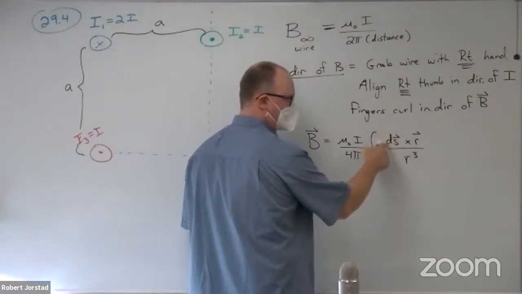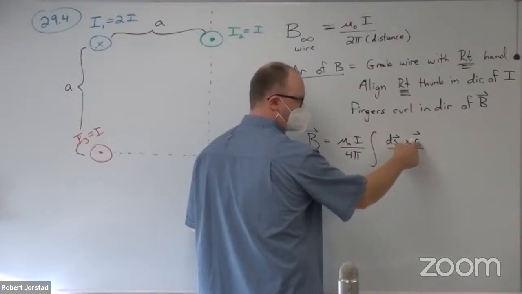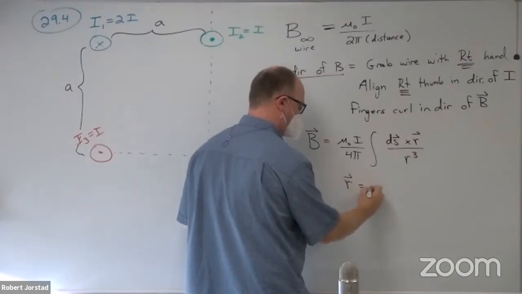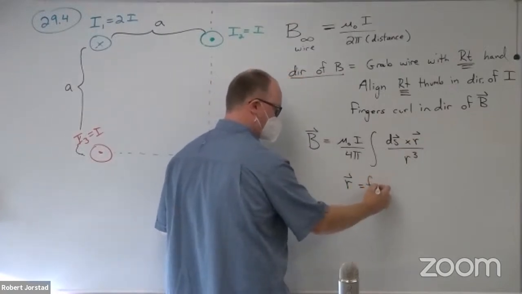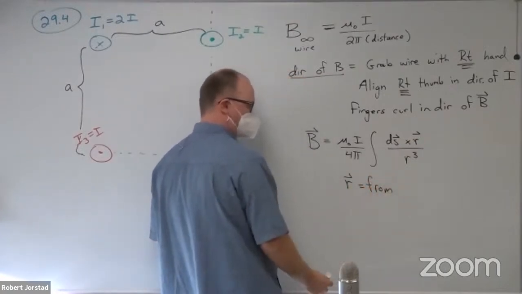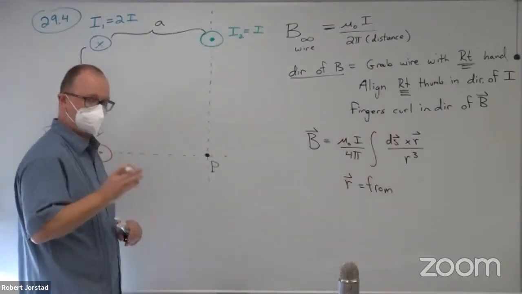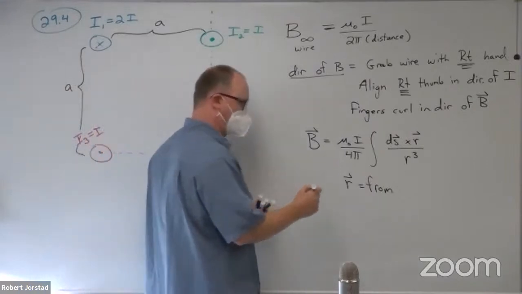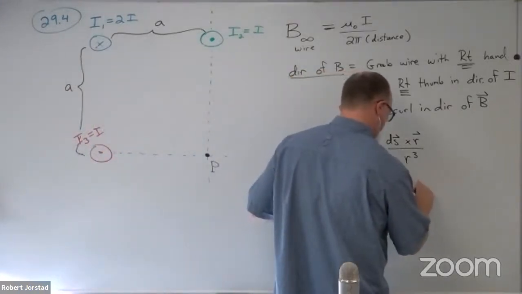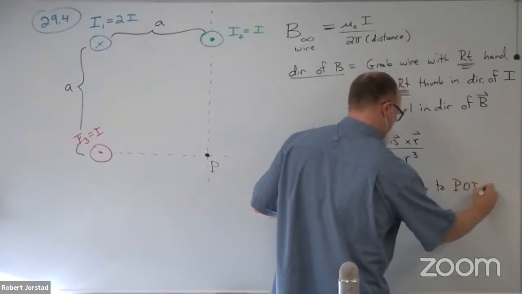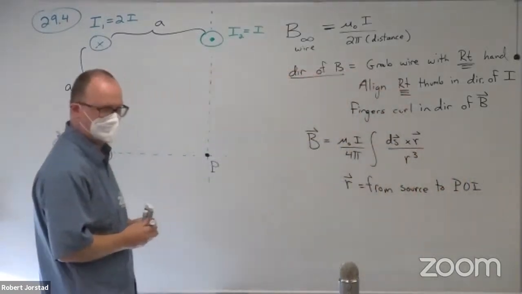R is what? From what to what? From the source to the point. Yeah, it's always from the source to the point of interest. In this case, point P.